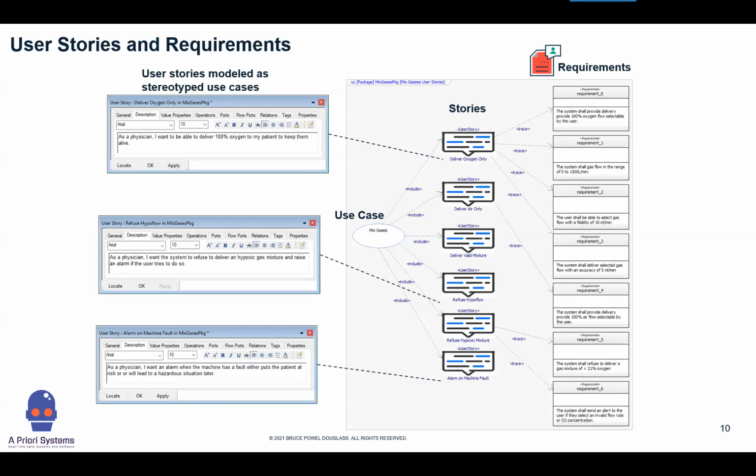So this is a Rhapsody view of something similar. We take our mixed gases use case and break it up into a set of user stories: deliver oxygen only, air only, valid mixture, refuse hypoflow, a flow where there's not enough flow to meet the needs, hypoxic mixture, not enough oxygen concentration to meet the needs, and also handle machine faults.